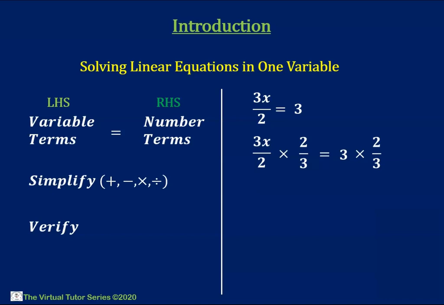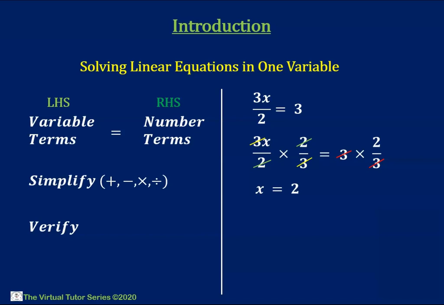Now, on the left hand side, 3 cancels out 3, and 2 cancels out 2, leaving x. On the right hand side, 3 cancels out 3, leaving 2. So we have x is equal to 2.